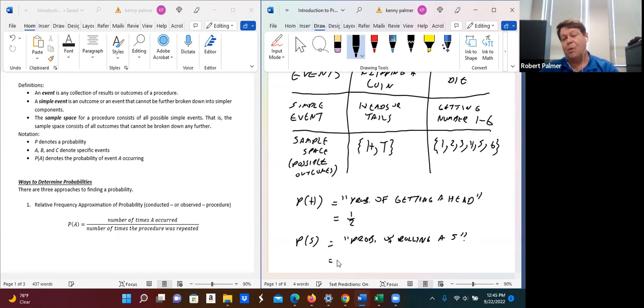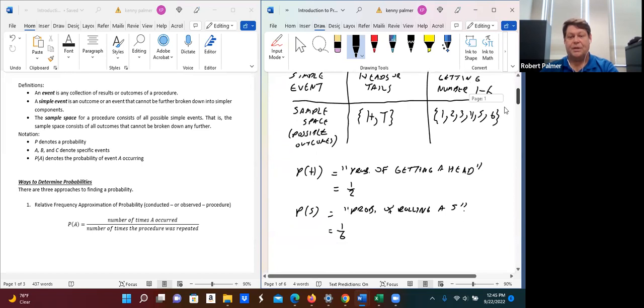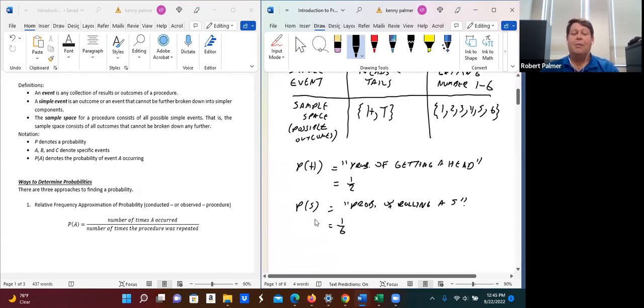As we'll see in a moment, that's going to be 1 out of 6, 1/6. Okay, that's what the notation means. The outcome we're looking for from the sample space is within the parentheses, and the probability of that is whatever, as we'll see, it turns out to be. That's the notation we'll use.